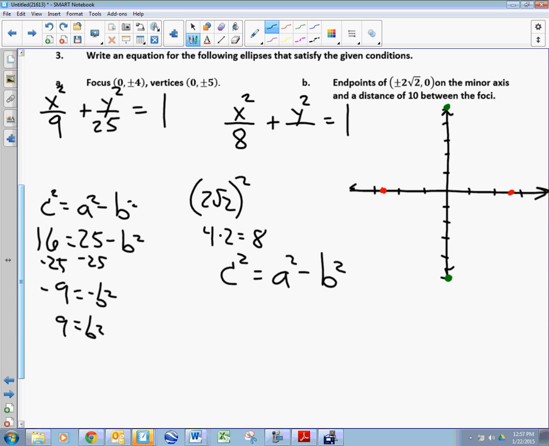Yep, c is the distance that your foci are from the center, 5 units, and you square that to get 25. A squared, do we know a squared? No, a squared is going to be the distance that it's stretched vertically. Do we know b squared? Yep, 8. How do we solve? So 33 is a squared.